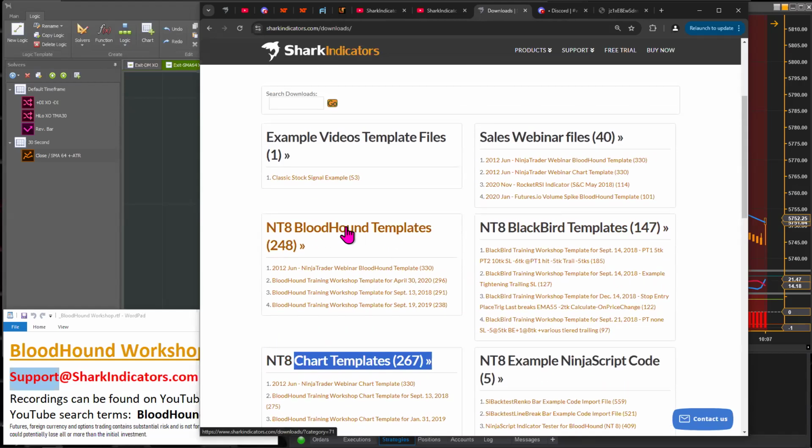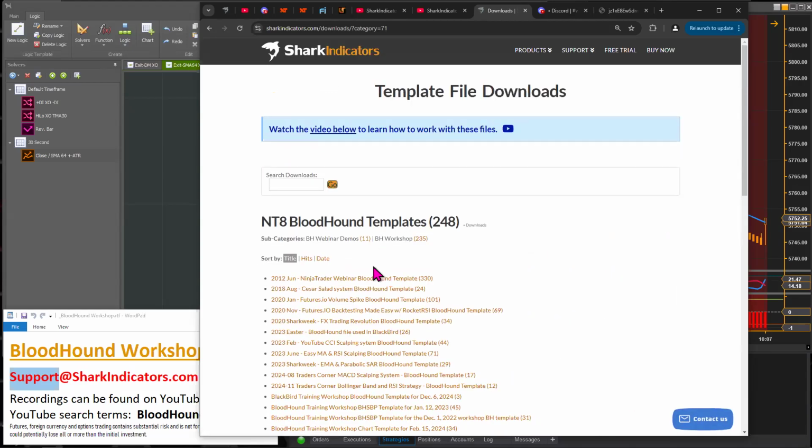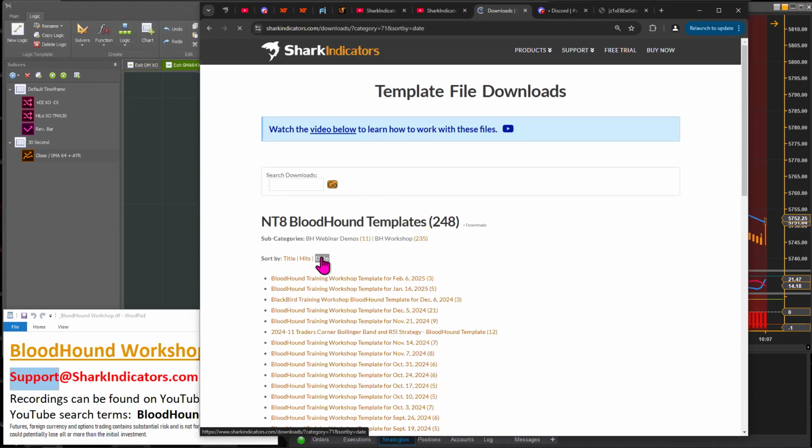So you can go into the Bloodhound section here and then sort by date. And you can see it looks like we're a couple of workshops behind there. But this is where you should find it.